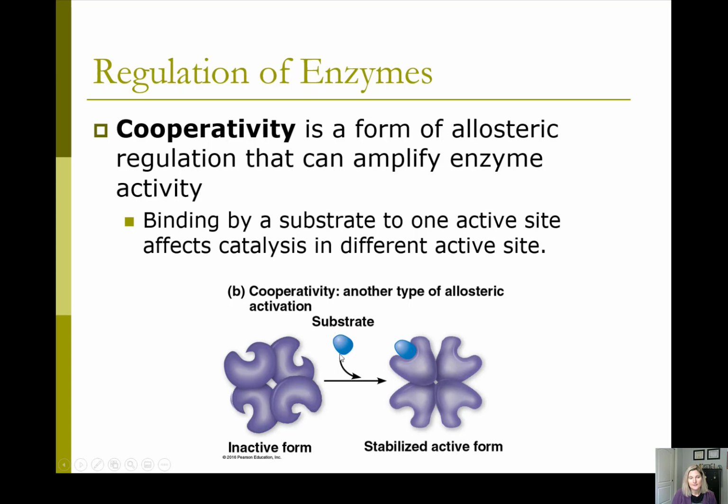So the substrate is cooperating, or allowing for the change in the enzyme, to allow for more active sites to open up. So essentially it's amplifying the activity of the enzyme. Once we have one active site utilized, that's going to amplify or open up more reactions to occur.